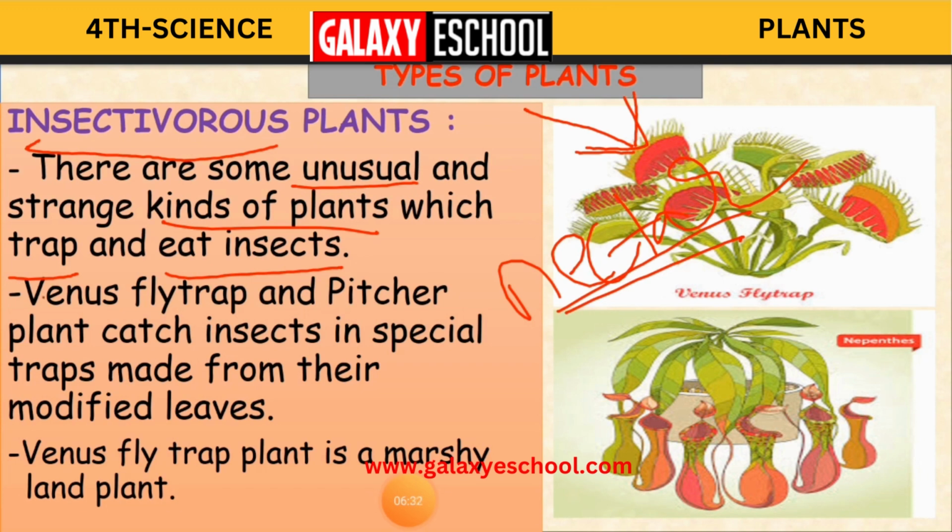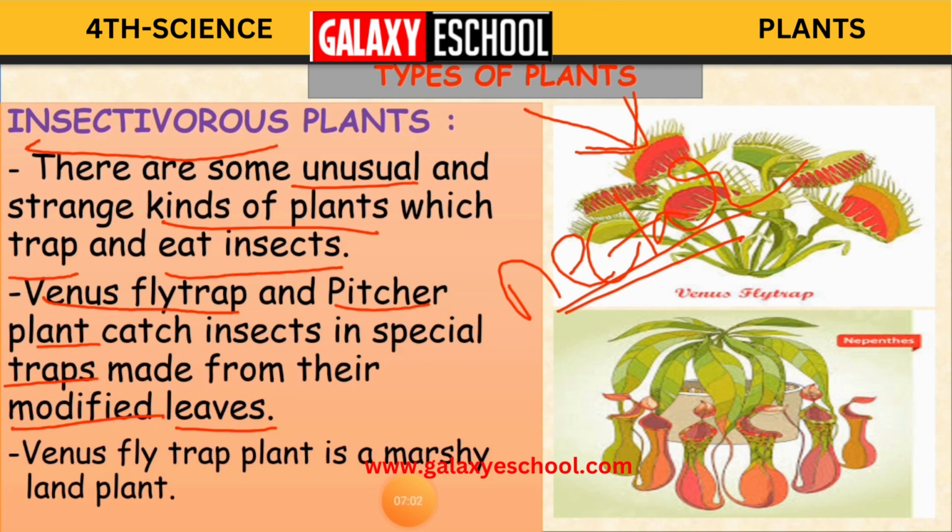And here, Venus flytrap and pitcher plant catch insects in special traps made from their modified leaves. These are some of the examples of these plants. Trap is nothing but like a plan to catch something.